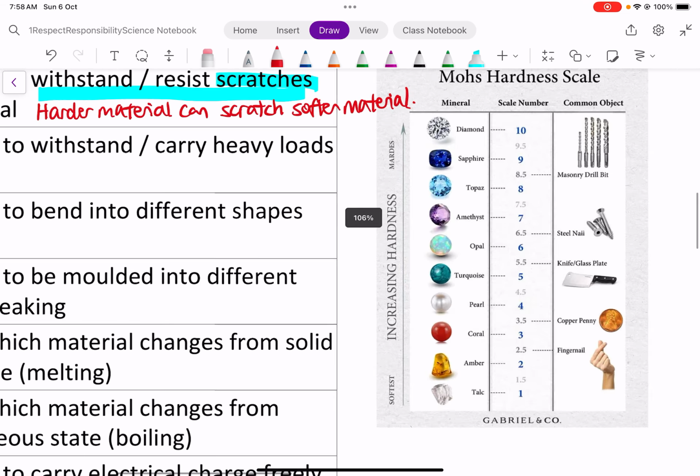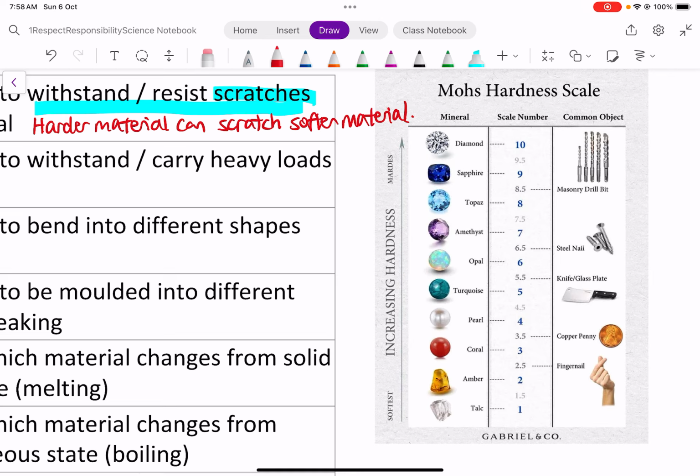So hardness can be defined and measured on what we call the Mohs hardness scale. Now the Mohs hardness scale was originally planned and designed to measure the hardness of different minerals, gemstones like diamonds, sapphires, amethysts. These are gemstones. But what you can see is diamond is the hardest material. Diamond is assigned a hardness of 10 on the Mohs scale.